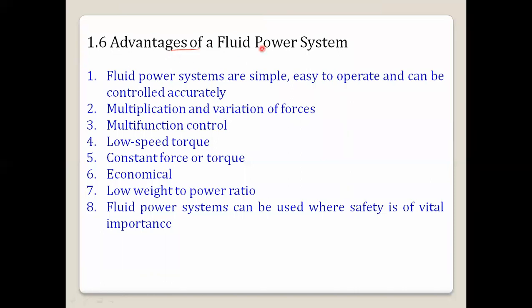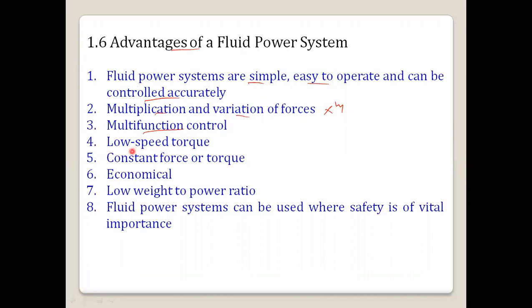What are the advantages of the fluid power system? Fluid power systems are simple, easy to operate, and can be controlled accurately. Multiplication and variation of forces can be done, so we can multiply the forces. It is used for multifunction control, so at a time we can control different operations.